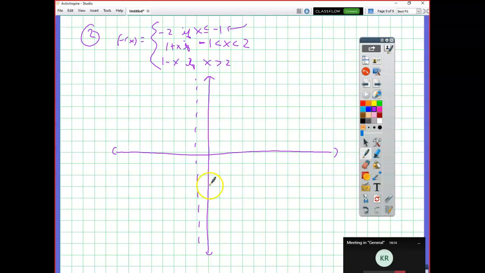Dot at -2. Straight line across. Now I don't graph this side over here at all. It all starts here, filled in, and goes left. Now from -1 to -2, x equals -2 is right here.